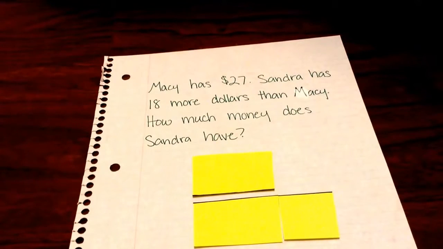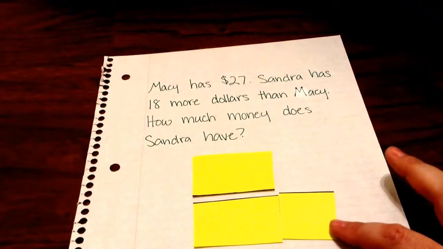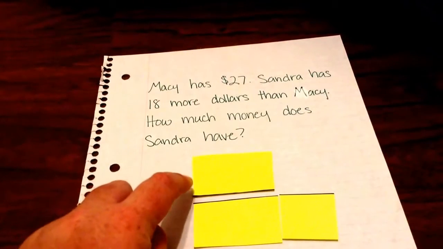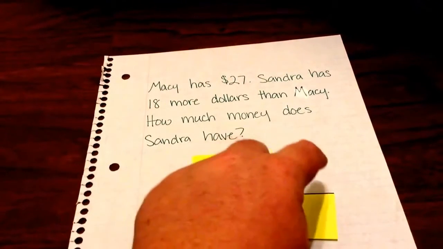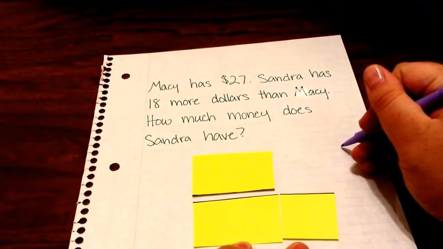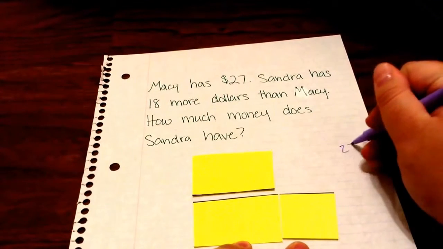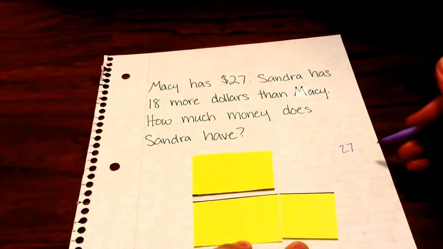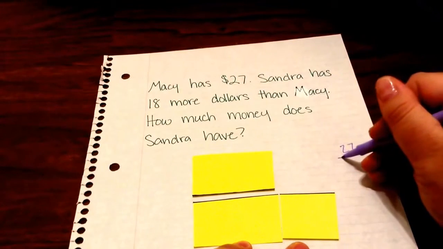So in this problem, we see that the larger amount, which is Sandra's, is the same as Macy's $27 plus 18 more. And how we are going to solve it is we're going to use the method of addition. So we have Macy's $27 plus 18 more.